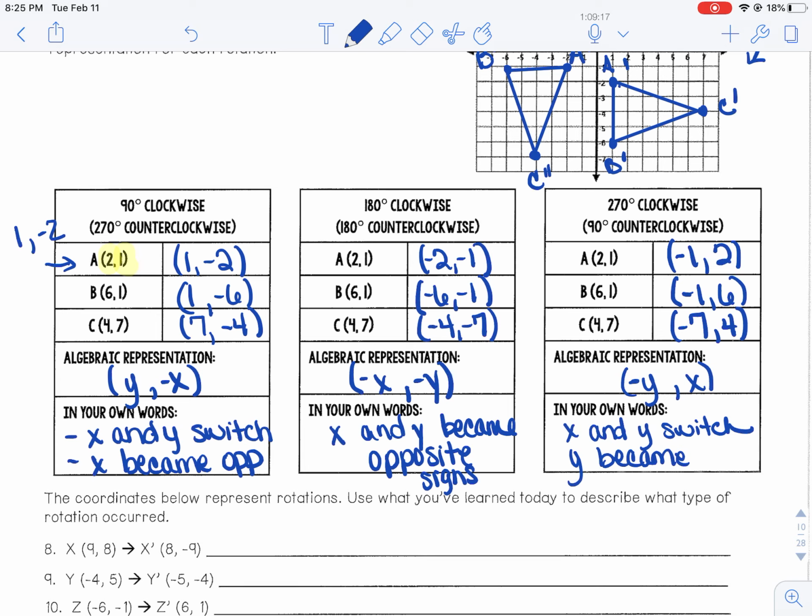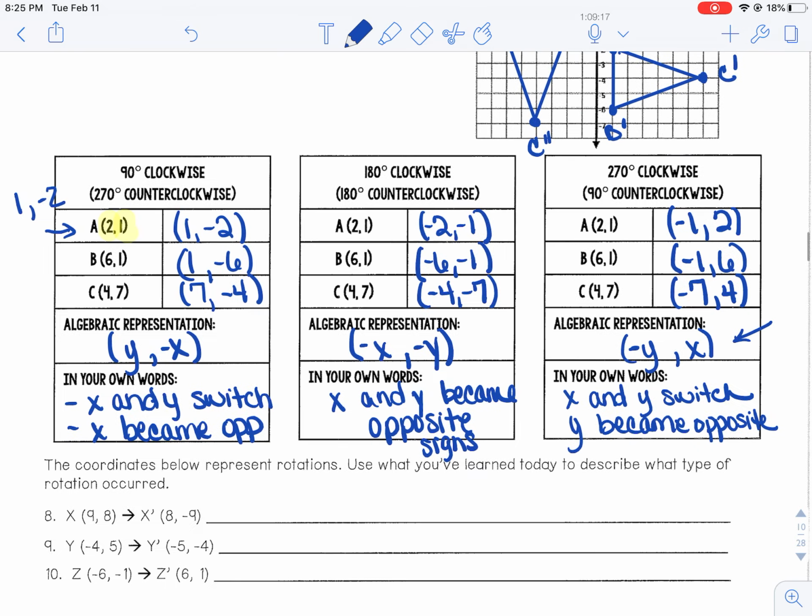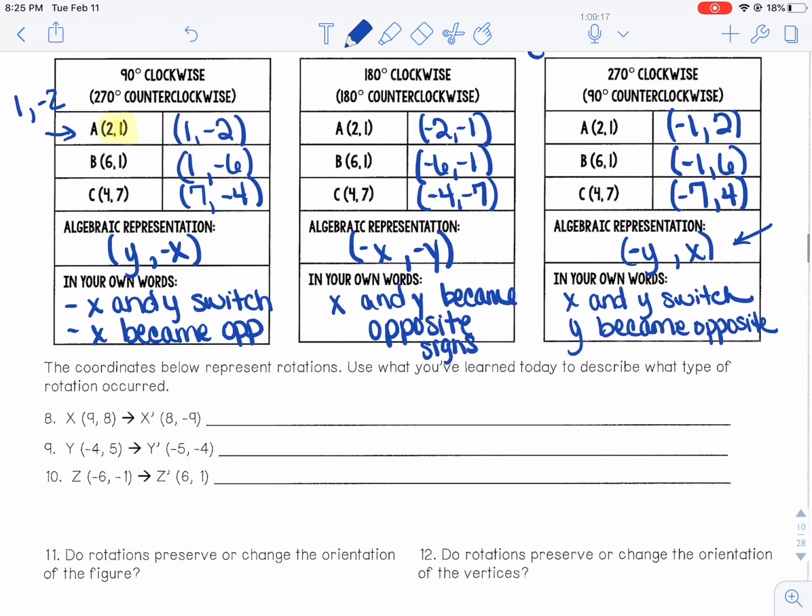Again, I'm showing you this simply because if you like to memorize rules, it might make it easier for you, but you are not going to be tested on memorizing those rules. So much so that I'm not going to have you guys do these right here.